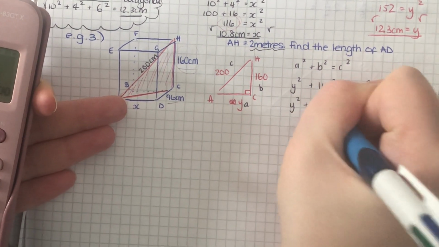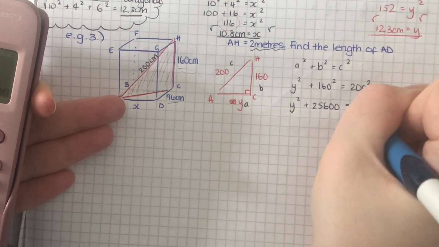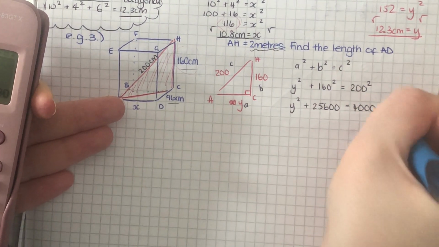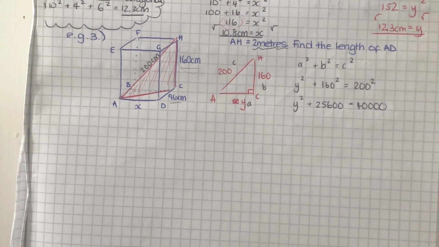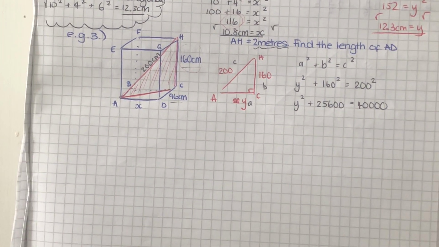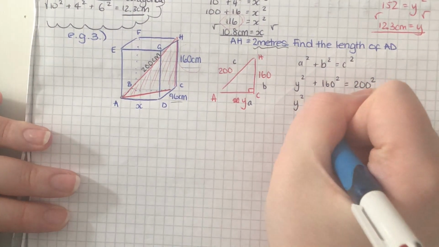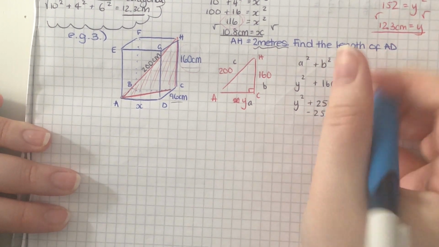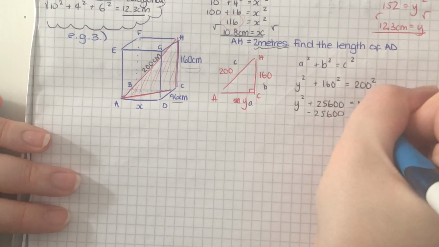25600. I think that's 40,000, but we'll check just because I'm on camera. Yep. Okay. And then these ones we're going to have to take the 25,600 away.